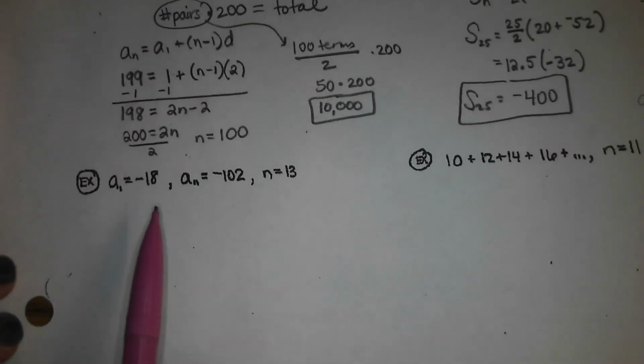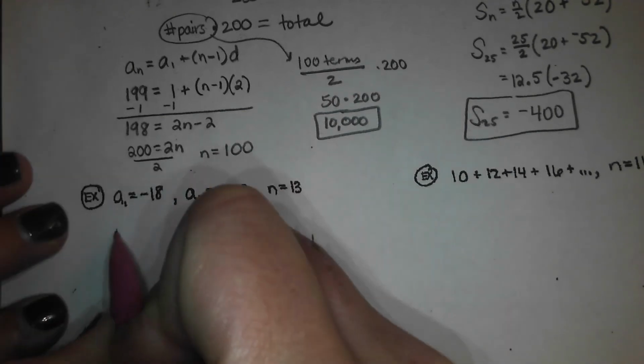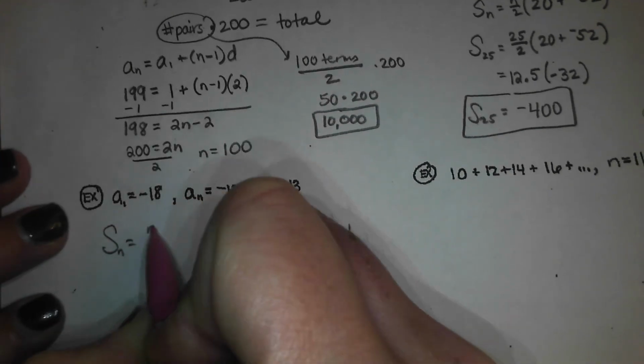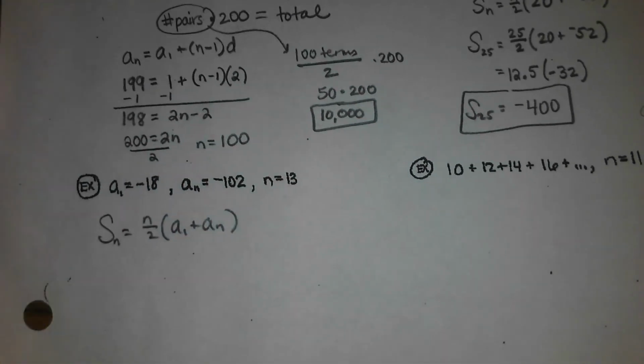Okay. So we mix it up here a little bit. We're given some information, and I was poor with writing directions here, but you have me here to tell you. We're just finding the sum of the series. So the sum of the series, S sub n, just get your formula down. And then we can start to plug in things that we know. And this one's pretty straightforward.